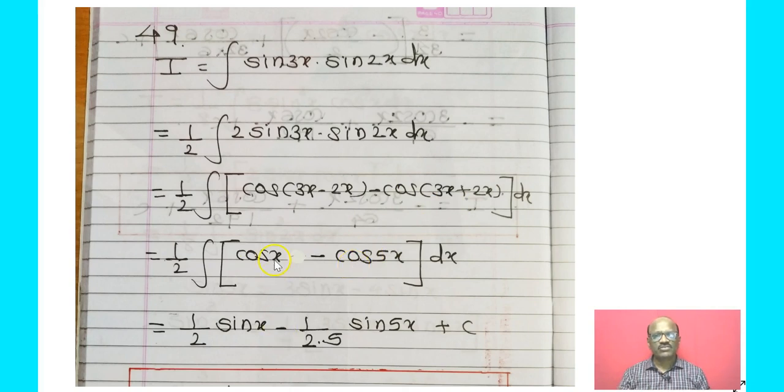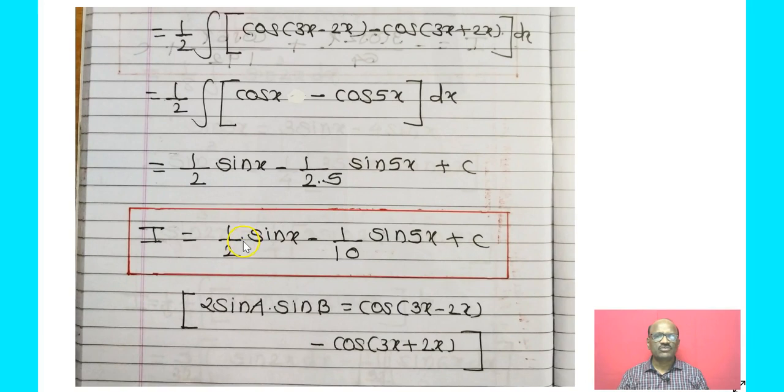Now what is the integral of cos of x? It is sin of x, and the integral of cos of 5x becomes sin of 5x upon 5. That is, you get I is equal to 1 upon 2 sin x minus 1 upon 10 sin of 5x plus c.